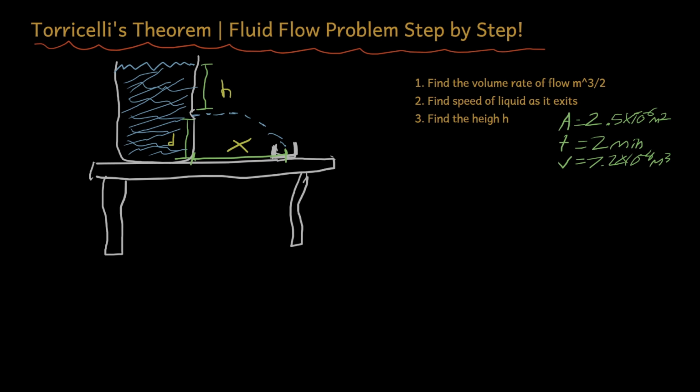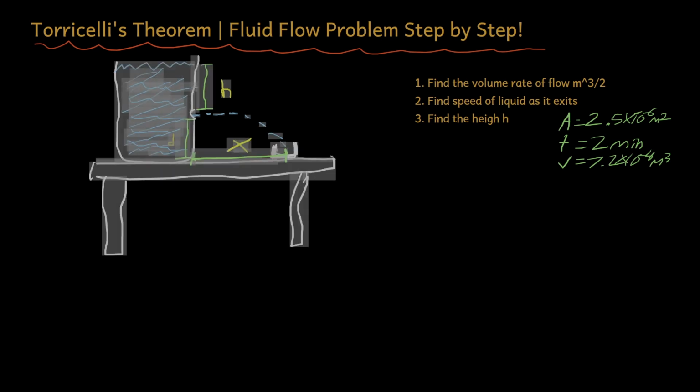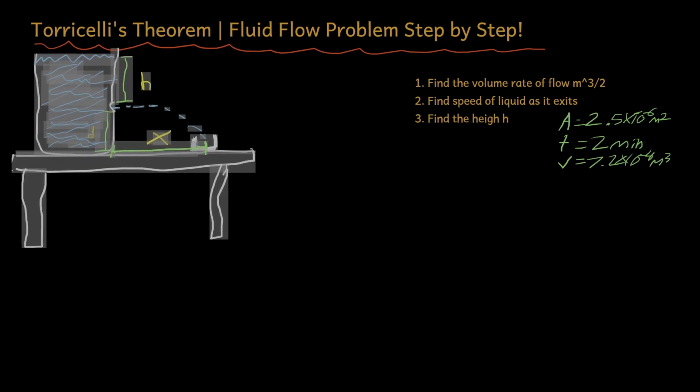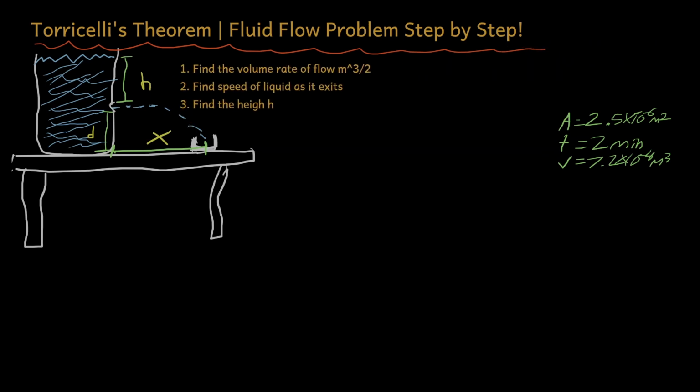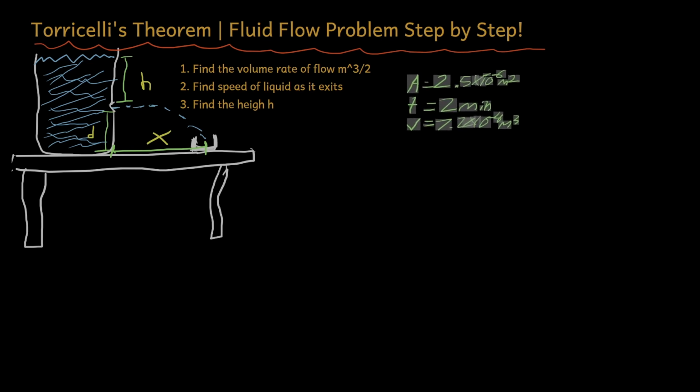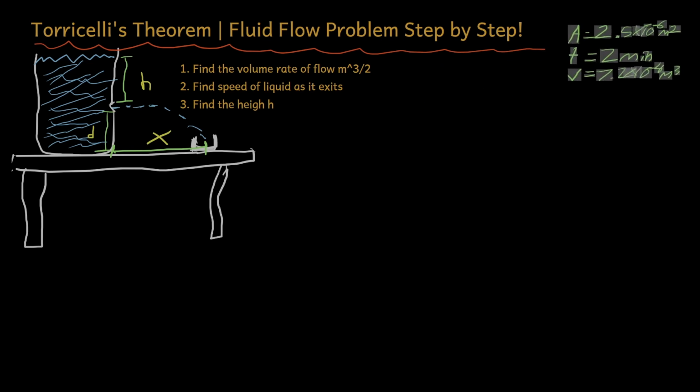And the reason I want to use this page is because we already have a really great diagram to work with. Alright, the first question asks us, find the volume flow rate, in meters cubed over seconds.